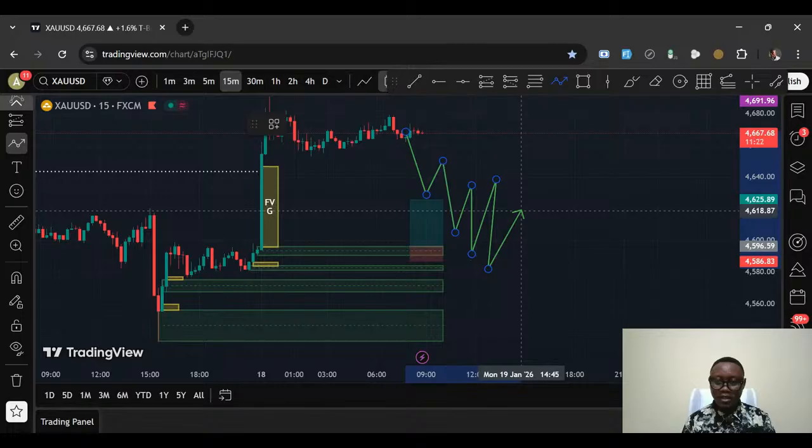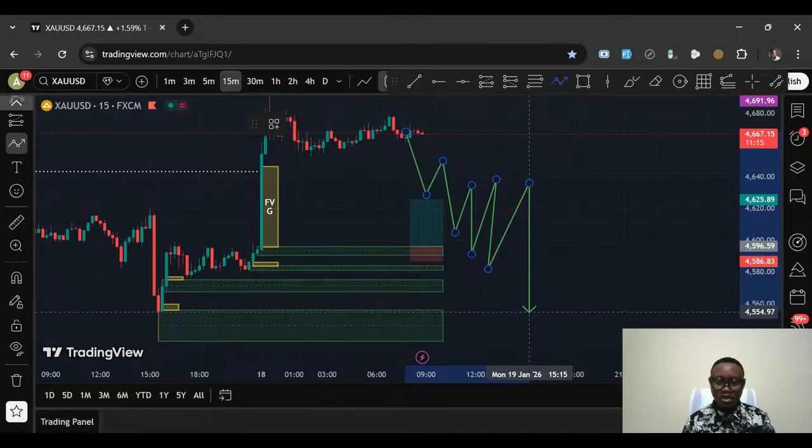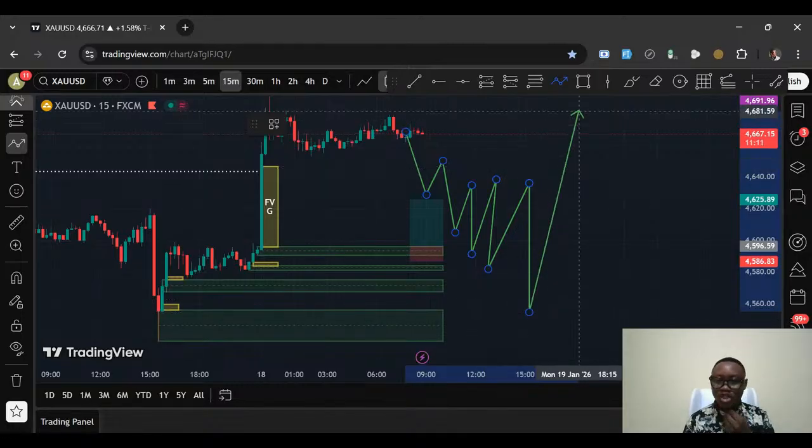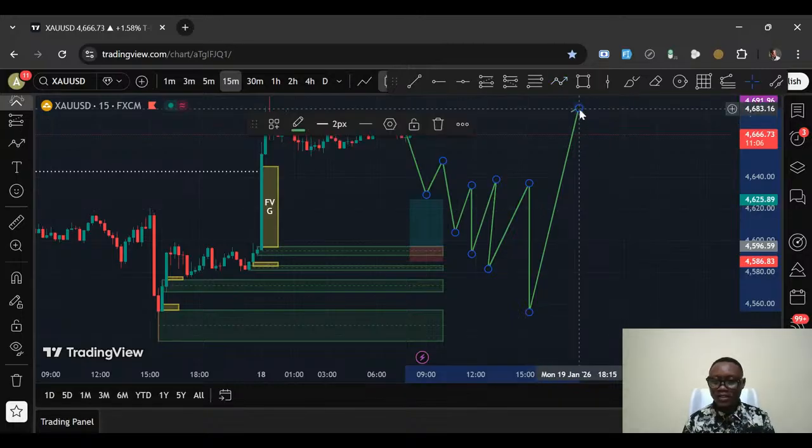Then again it goes all the way up here and taps into this extreme zone and continues in the bullish trend. The market could do that.